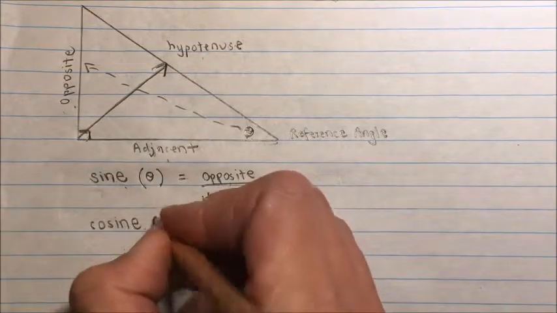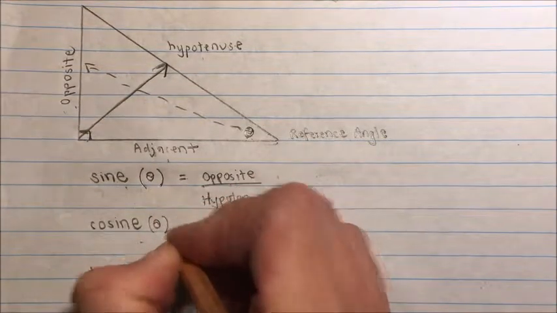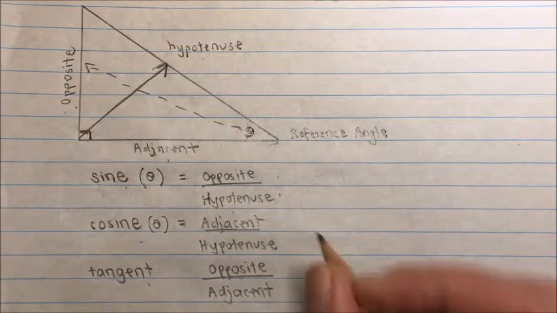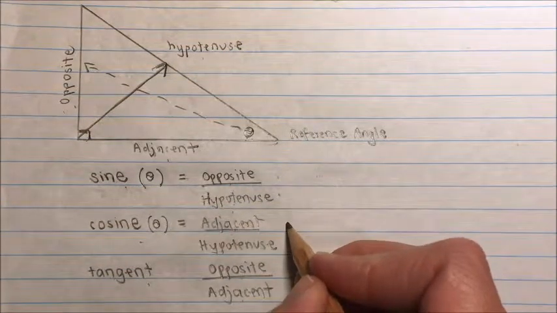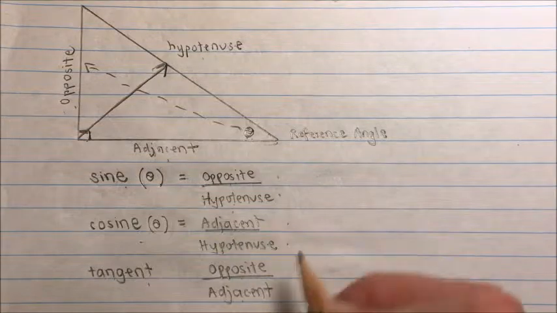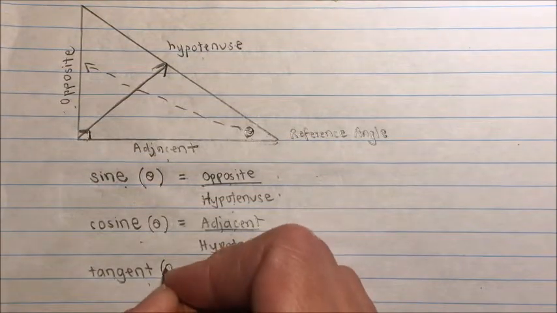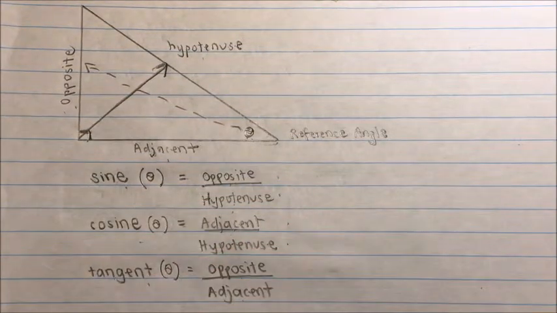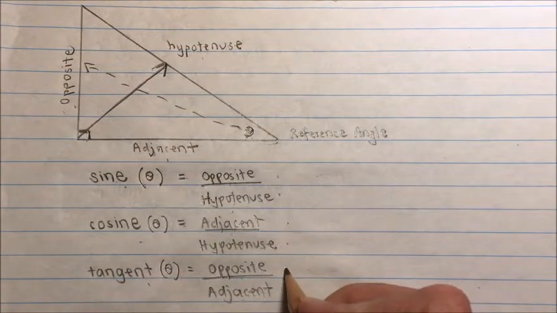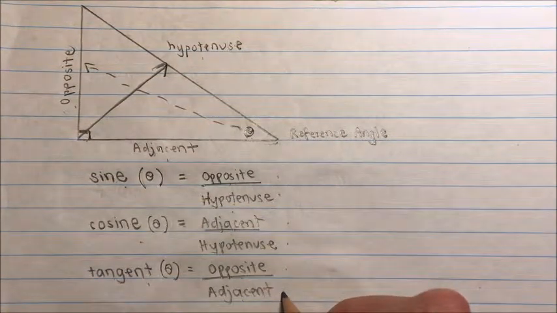The cosine is the relationship between the adjacent and the hypotenuse. And the tangent is the relationship between the opposite and the adjacent sides.